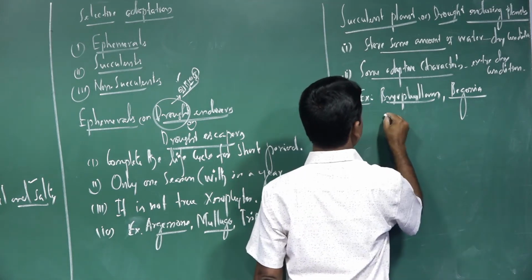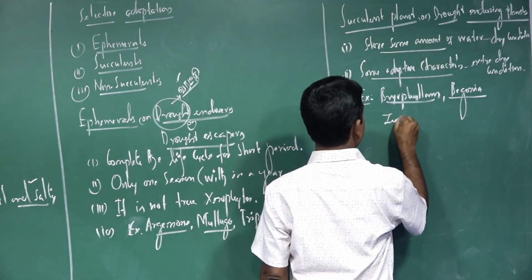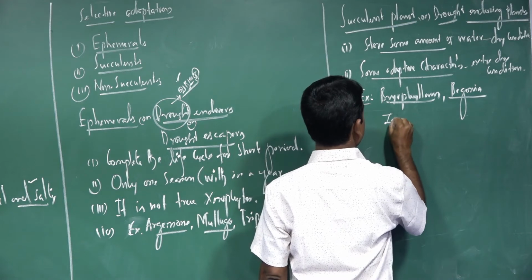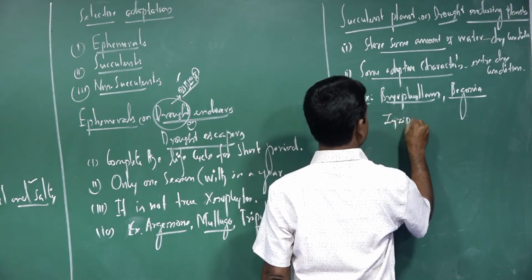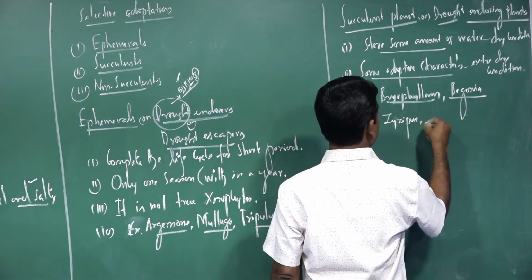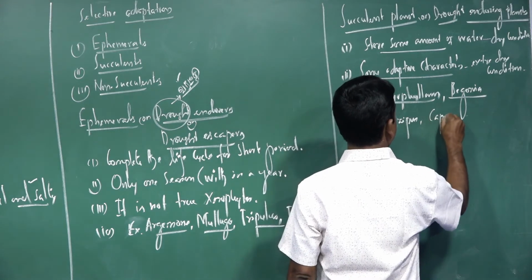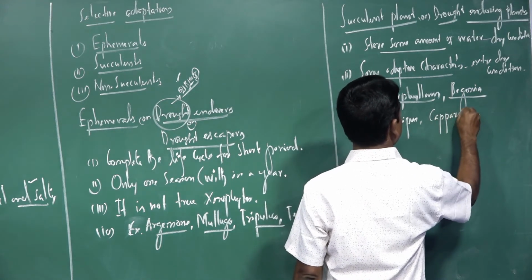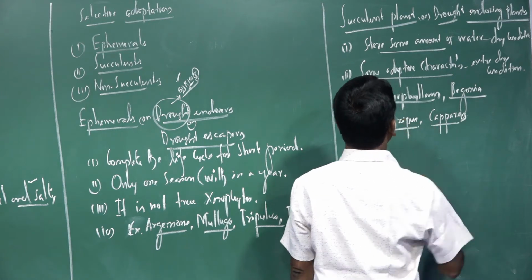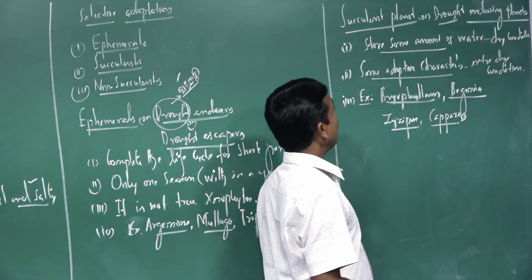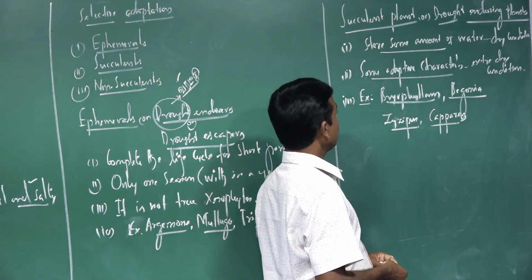Then zizibus. Then caparis. Those are all examples of succulent plants.